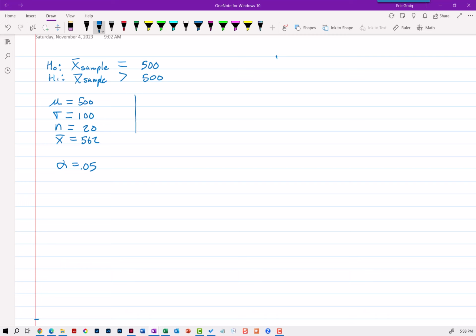The first thing that we always want to do is draw out this little sketch of what the problem is asking us for. So I'll do my best to draw it out there. Not the greatest, but good enough. So 500 is our mean, or in z-score terms, 0 is our mean.